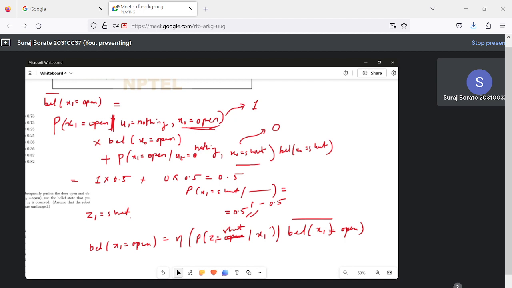So what are those values? Let's refer to the values. Z1 is shut given X1 open is 0.2. Z1 shut given X1 equal to shut is 0.9. So 0.2 and 0.9.